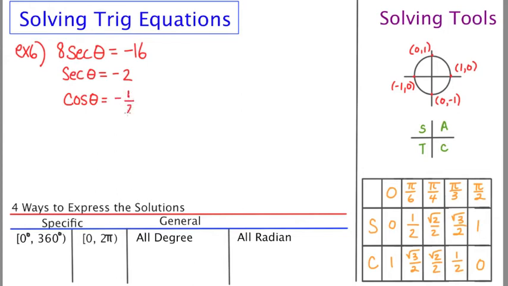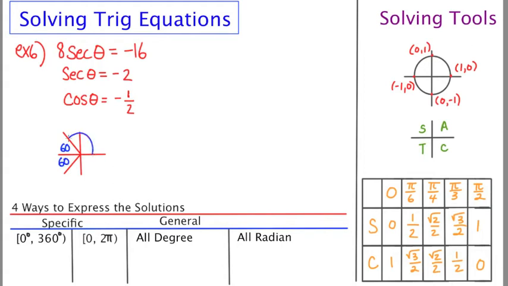And this isn't bad. This is going to be some benchmark angles where cosine is negative, so I'm going to draw a little mini set of axes here. And I know that cosine is negative in quadrants 2 and 3 with a reference angle of 60. So I'm going to put a 60 in the reference angle position and another 60 in this reference angle position.